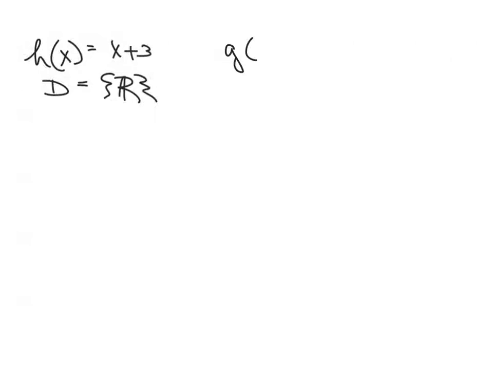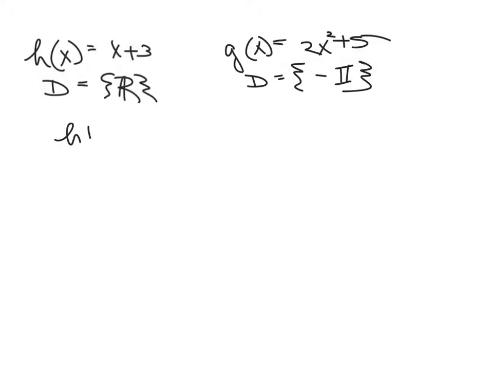Then they give me a g of x, and they say that my equation looks like this, and they give me a domain of negative integers. And what they're asking me to do is h plus g. They're asking me to add, and they're saying put 5 in for x.